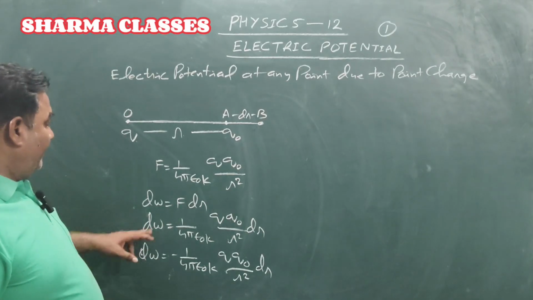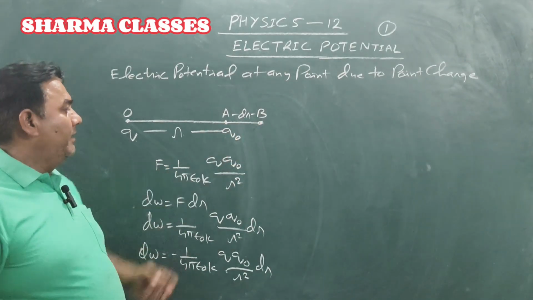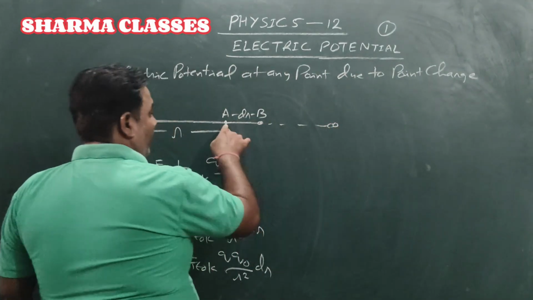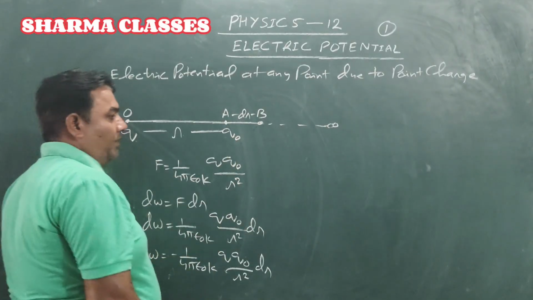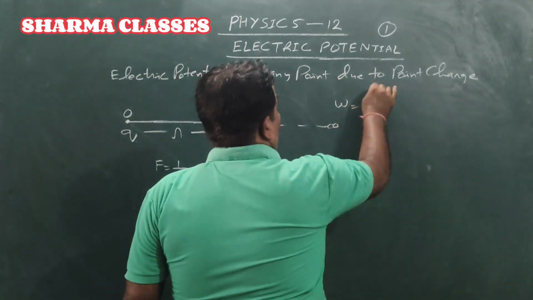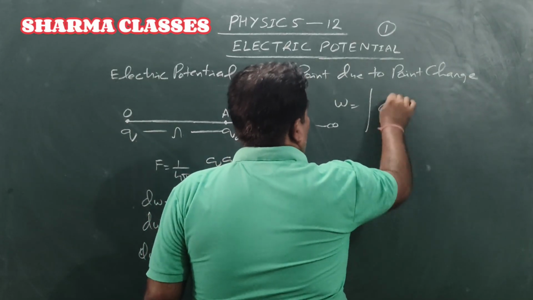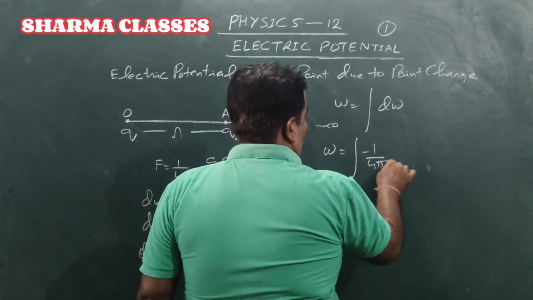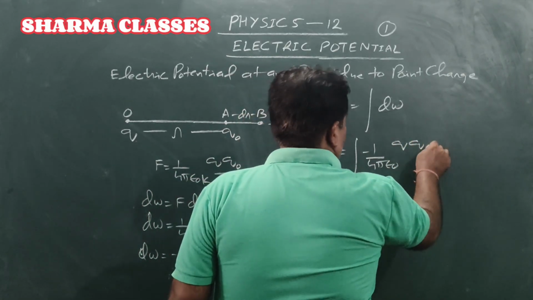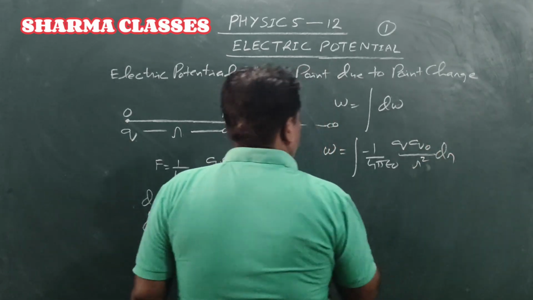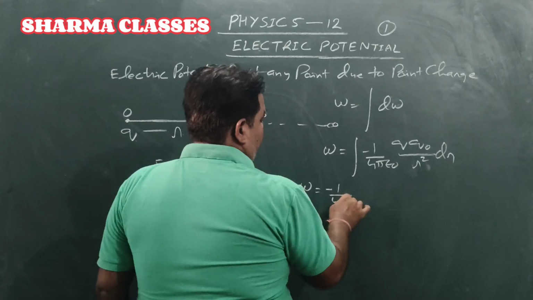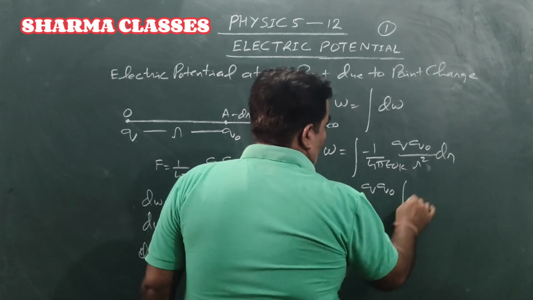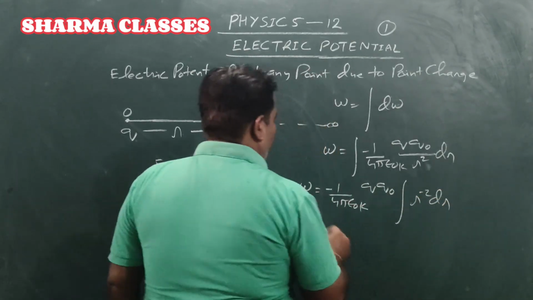That is why we find a small work in taking the charge from B to A, and then the total work in taking this charge from infinity, from infinity to point A. The total work W is equal to the integration of dW, minus 1 upon 4 pi epsilon naught K, q naught upon r square dr. The constant is 1 upon 4 pi epsilon naught K q naught, and we integrate r to the power minus 2 dr.